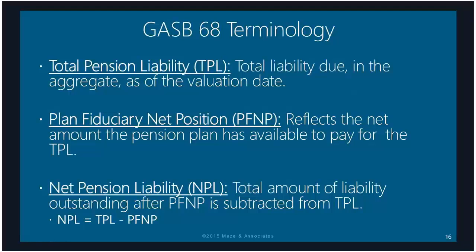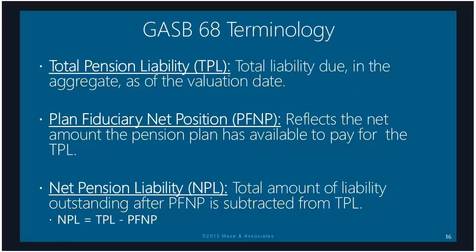This next slide just touches on the new terminology. Like we said earlier, total pension liability is the total liability due in the aggregate as of the valuation date. Your plan fiduciary net position, your PFNP, reflects the net amount the pension plan has available to pay for the total pension liability. And your net pension liability is the product of taking your total pension liability and subtracting out your plan fiduciary net position, or the money that is set aside in your pension plan, and you get a net pension liability, the outstanding amount due.